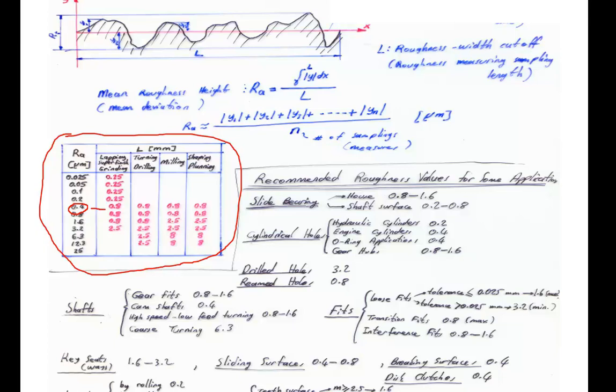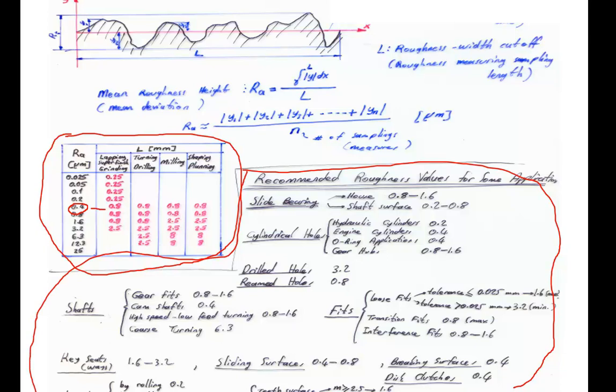Well, in this part of the slide we can find some recommended roughness values. Okay. If it is the surface of the housing of a slide bearing, then the recommended roughness size is 0.8 micrometer, maximum 1.6 micrometer.